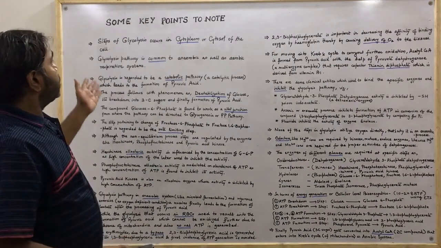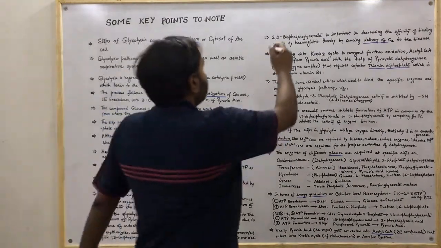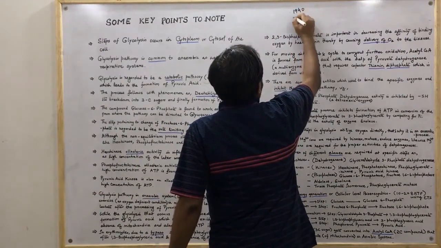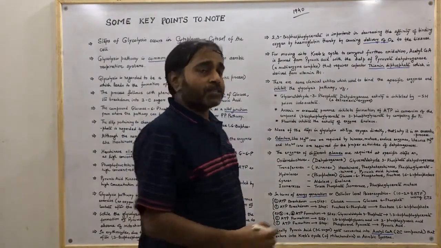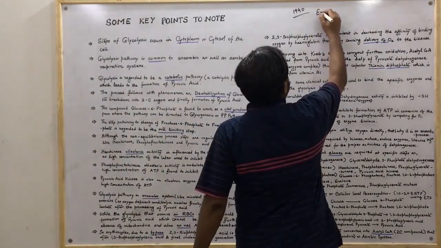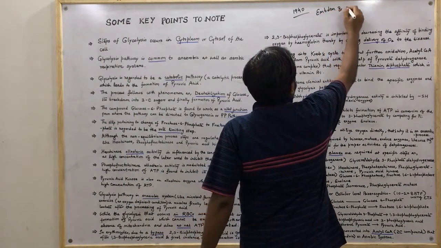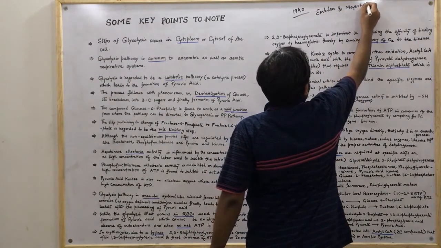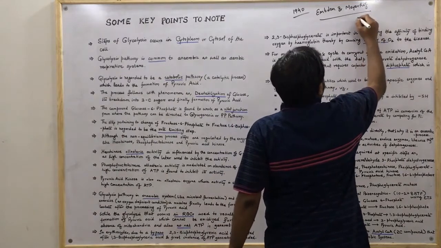I also told you that glycolysis was earlier discovered in the year 1940, and it is also known as the Embden-Meyerhof pathway. Why? Because it was earlier discovered by Embden together with Parnas.